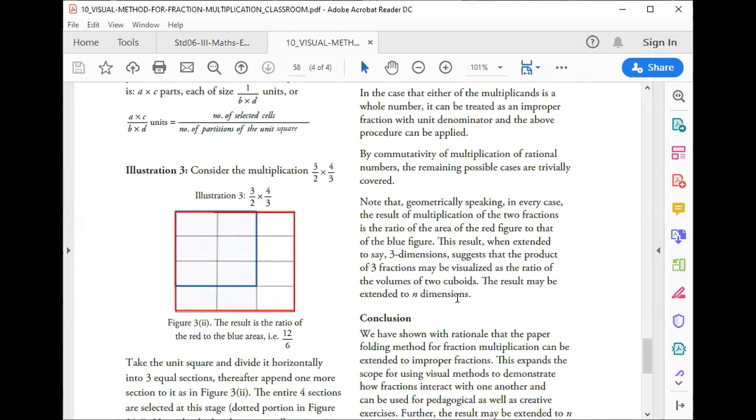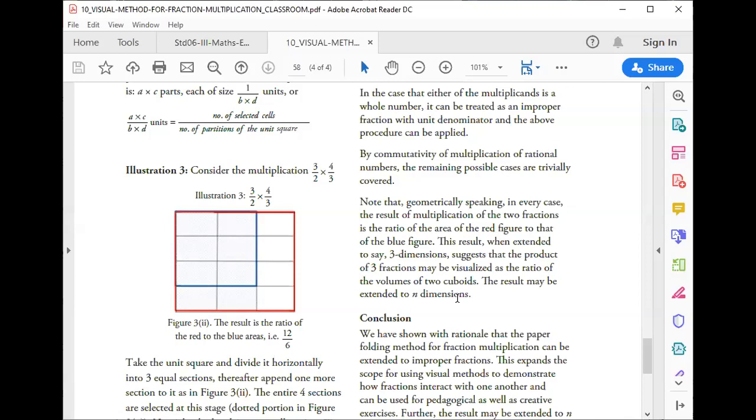That is very, very important, because otherwise, you remember, when you multiply with whole numbers other than 0 and 1, things always increase. But when you multiply with fractions, things usually decrease if you are multiplying with proper fractions.